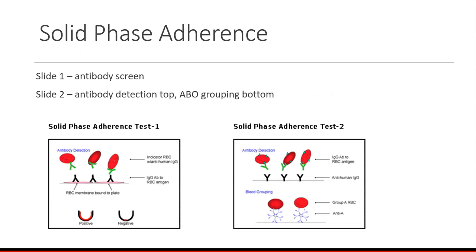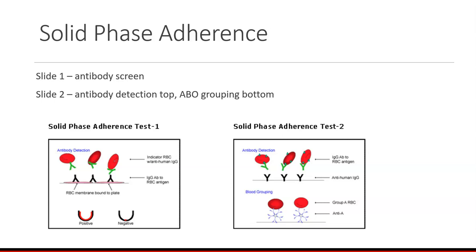So the slide on the left shows an antibody screen and the principle. The principle is what is reacting with what to cause either a positive or negative reaction. So again, we have the red cell membrane. IgG antibody from the patient is added, and if the antigen it's directed to is present, it will stick.